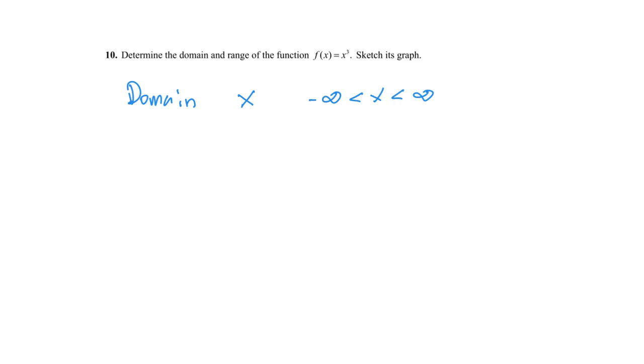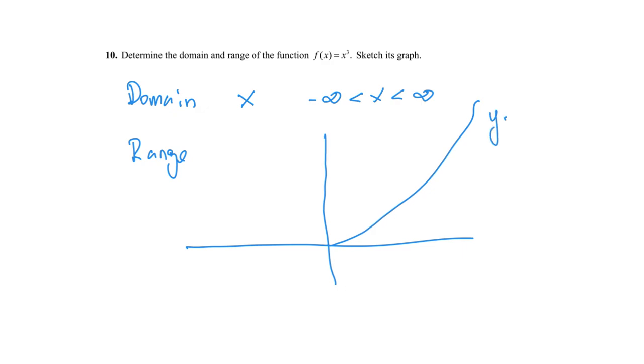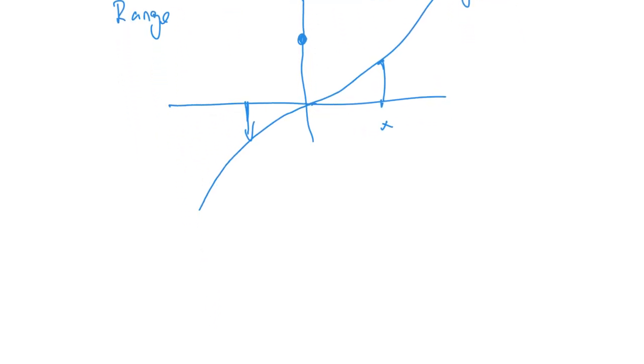The domain is that, and for the range, I will look at the function. The function y equals x cubed does like this, and from here it takes negative values. The range is the set of all the points that you can arrive at on the y-axis.